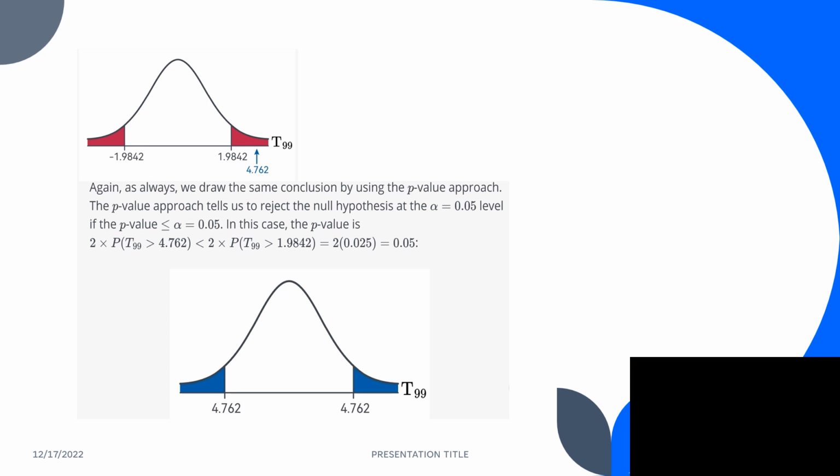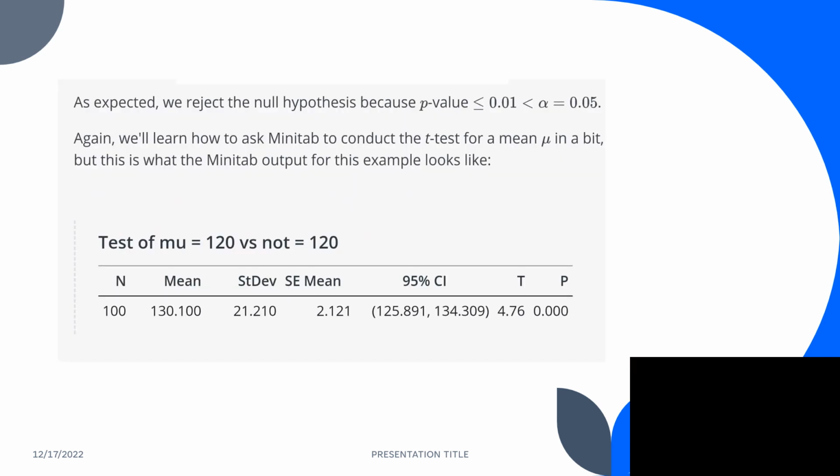So, on the graph, the left side is negative 4.762 and the right side is 4.762. So we reject the null hypothesis because the probability value is less than 0.01, which is less than alpha equals 0.05.